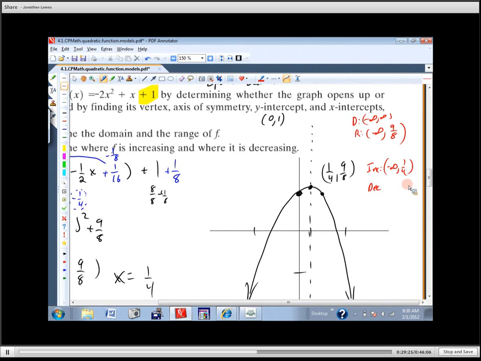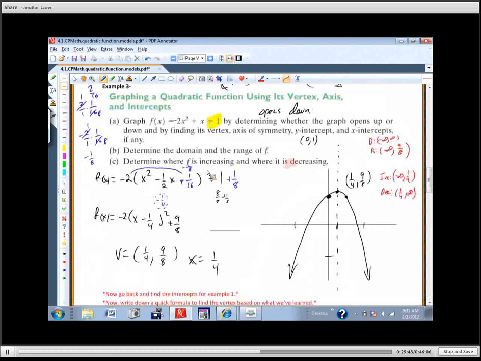Round or square around the 1/4, I don't care. Okay, and then it's decreasing from 1/4 to infinity. Any questions? Okay, we're not done. The last thing sometimes is the biggest pain in the butt to get.